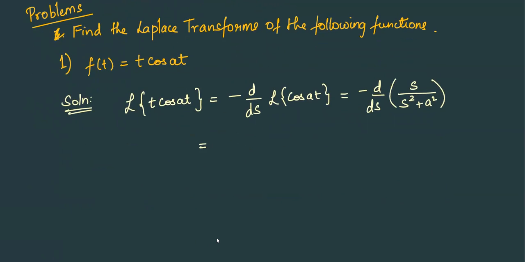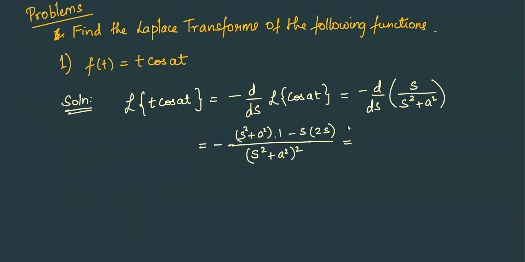This becomes, by the u by v rule, s square plus a square times 1 minus s times 2s, over s square plus a square the whole square.